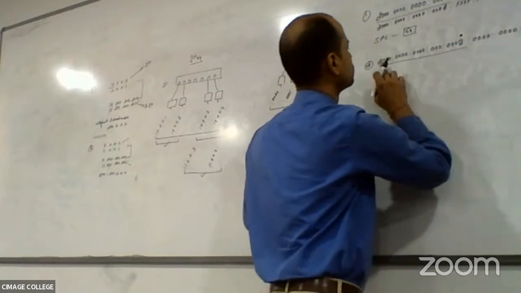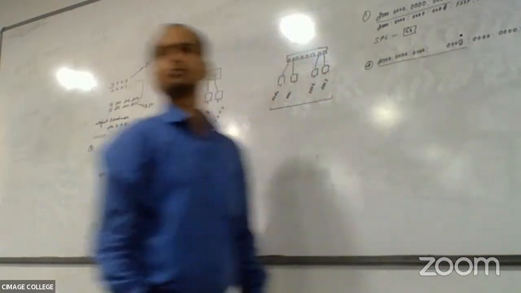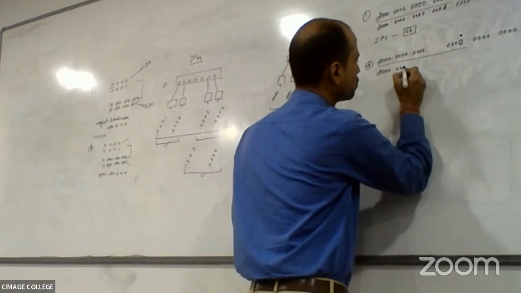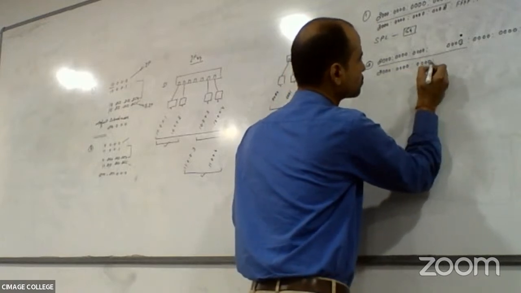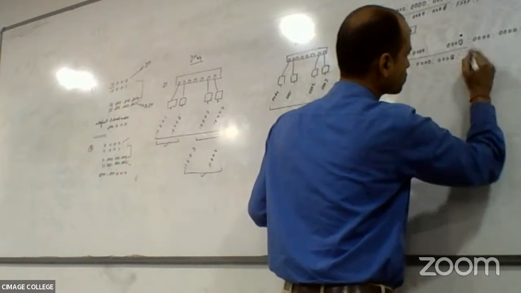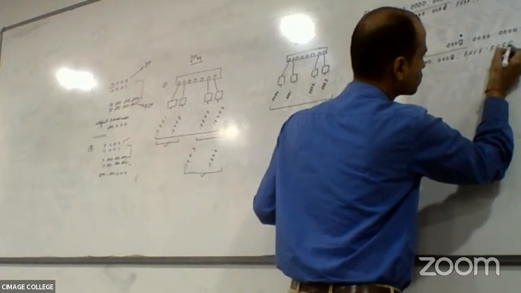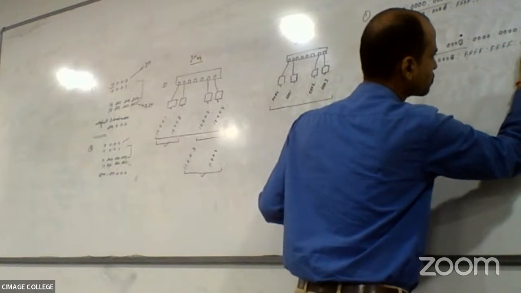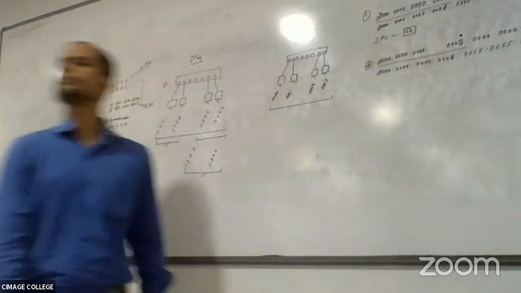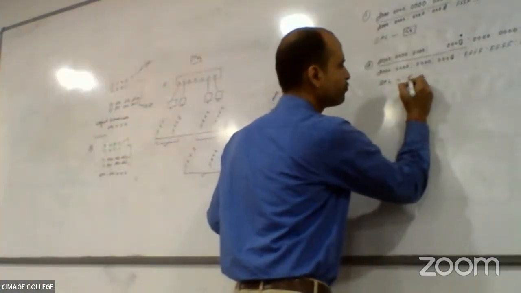And again, the last value, 2000. In this case also, the subnet prefix length will be 64.